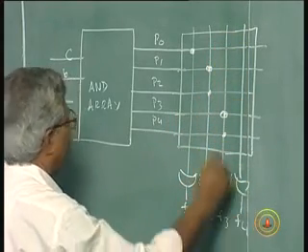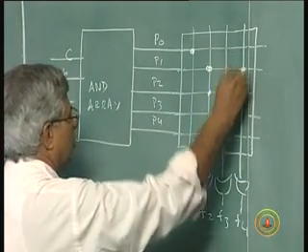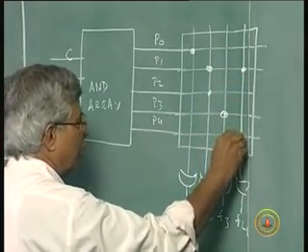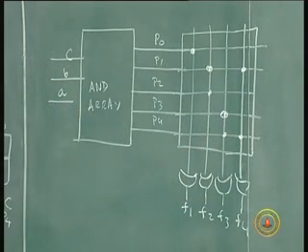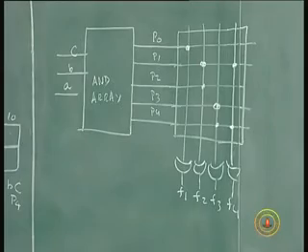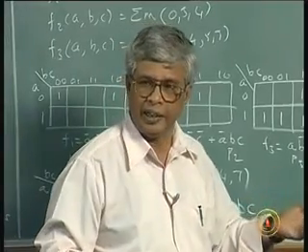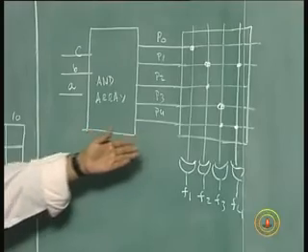F4, which would be P1, P4. This is what I mean by common product terms. If you have common product terms between two functions, you don't have to generate them. P1 and P4 need not be generated again because they are already there. All you have to do is use them.